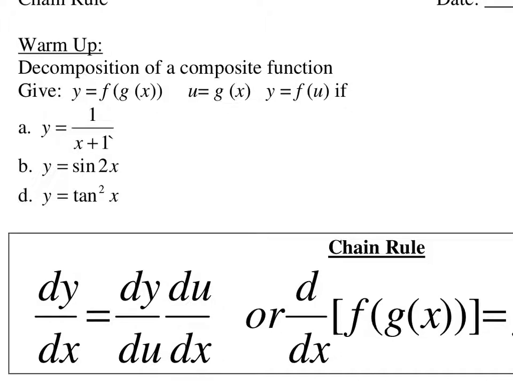You do the 5 plus 1 first. That's the inside function. X plus 1 is the inside function. Then you would do 1 divided by 6 in that case. The 1 divided by something is the outer function. That's the f of u.